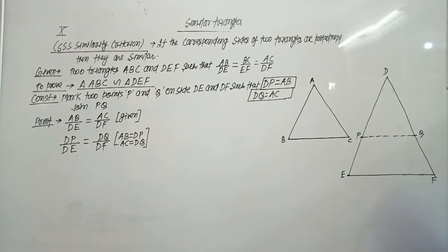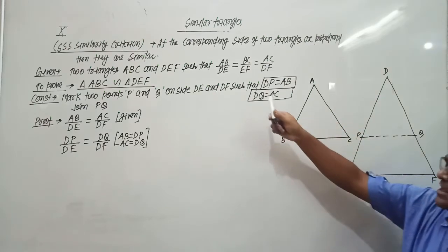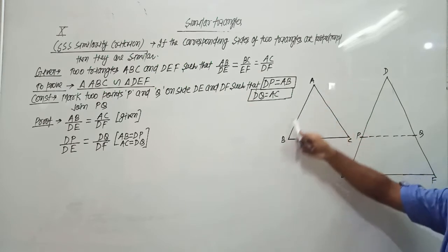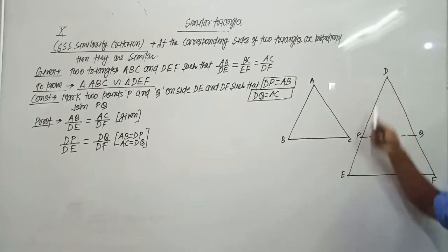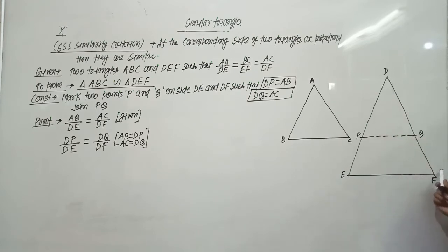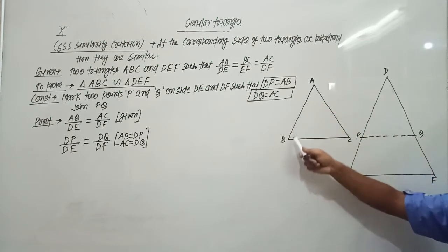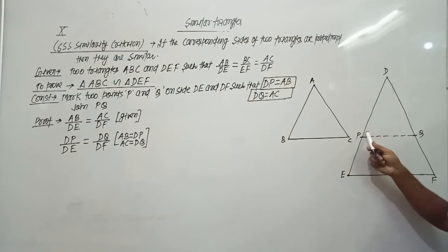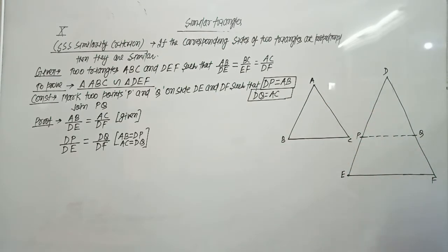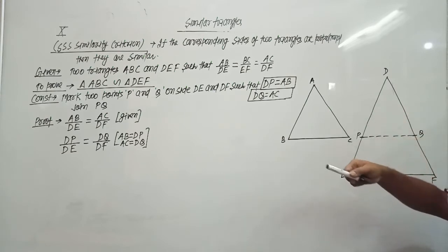So we are given that AB upon DE equals AC upon DF. But AB is equal to DP by construction, so in place of AB we have written DP and DE is written as it is.